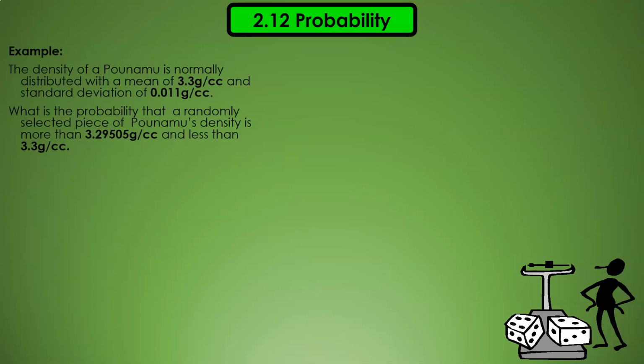So the next question. The density of a pounamu is normally distributed with a mean of 3.3 grams per cubic centimetre and a standard deviation of 0.011 gram per cubic centimetre. What is the probability that a randomly selected piece of pounamu's density is more than 3.29505 grams per cubic centimetre and less than 3.3?